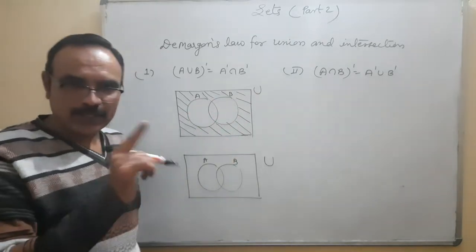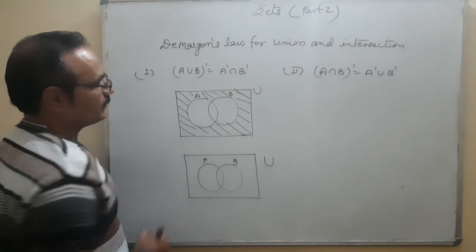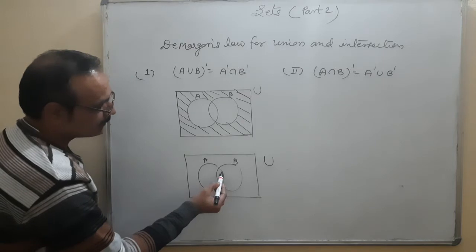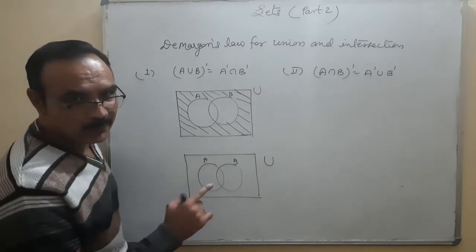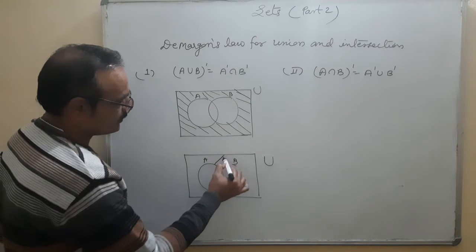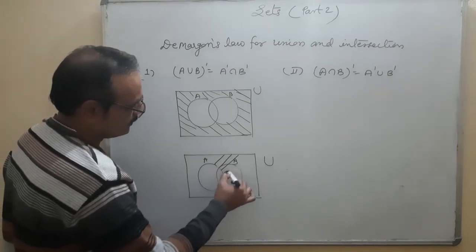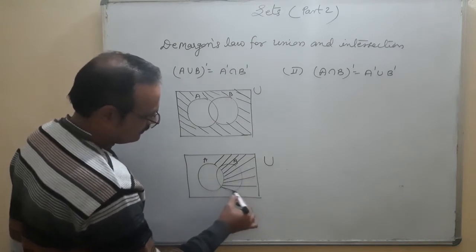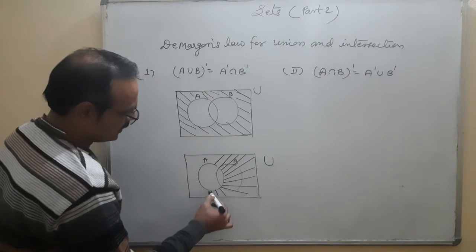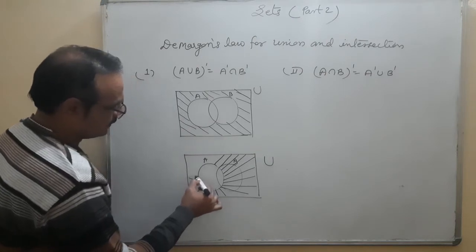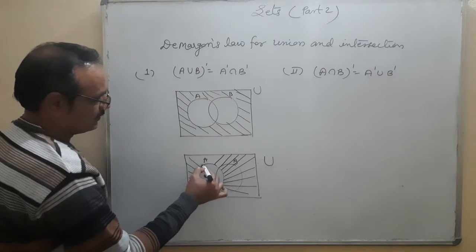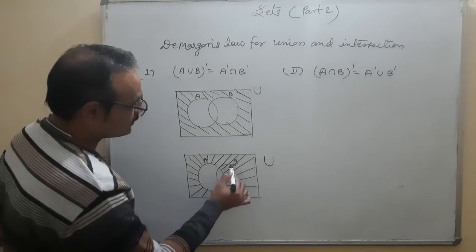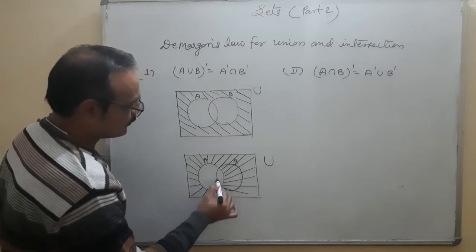Now coming here, A complement: elements which are not in A but in U, so away from A, everything. B complement. This is B, away from B.